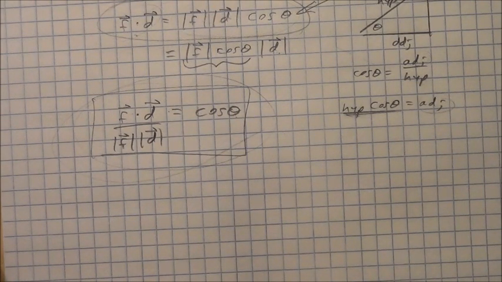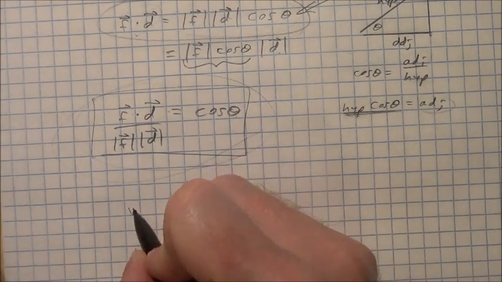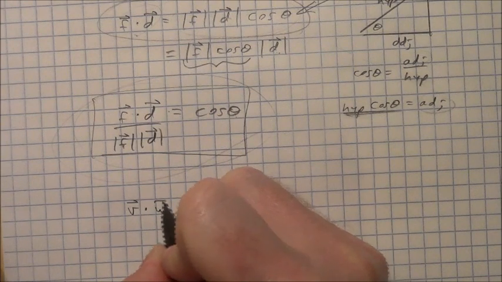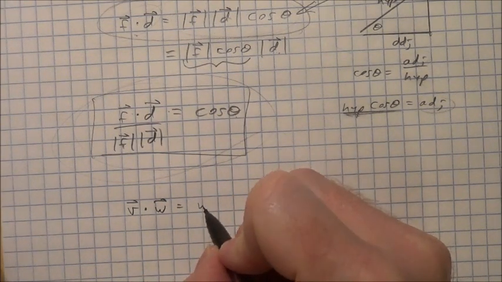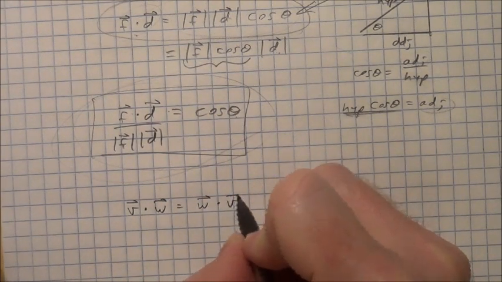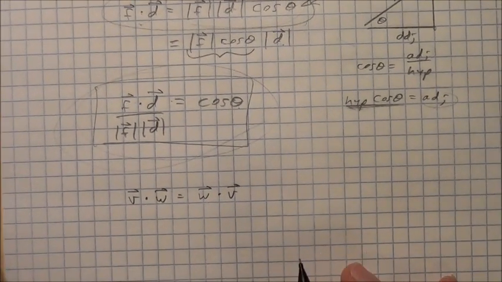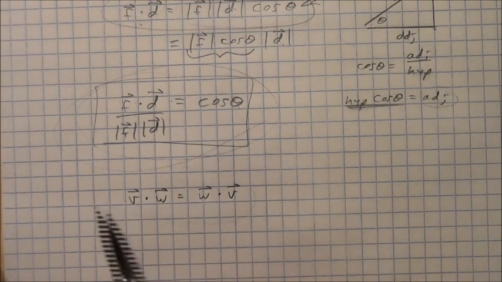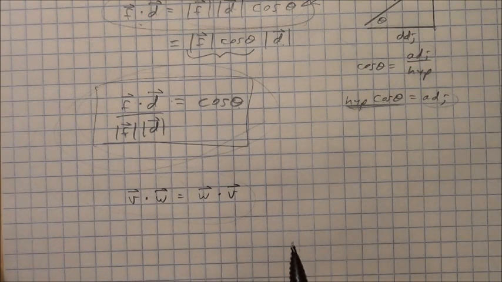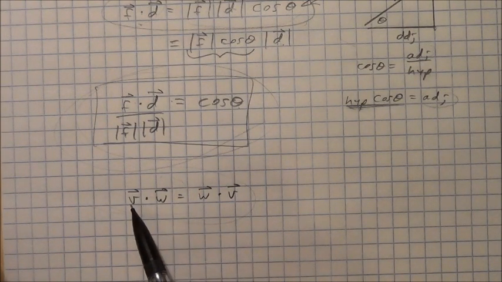So just a couple little things to leave you with before I assign the practice questions. One of the things is that the dot product is commutative. So just like we saw with multiplication with scalars and addition of vectors and multiplying a scalar times a vector, etc. some of the properties are the same between all those things.